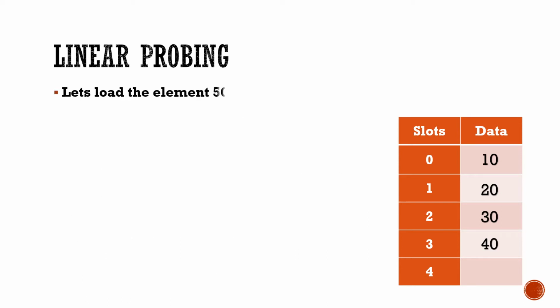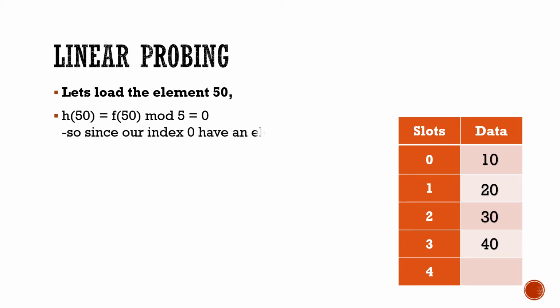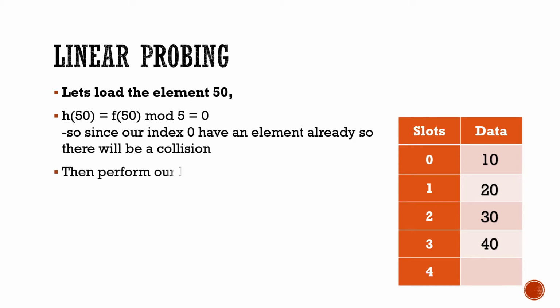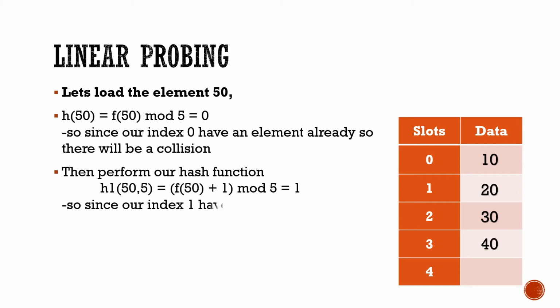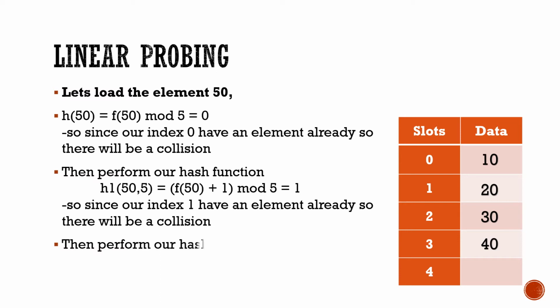Let's load the element 50. h(50) equals f(50) modulo 5 equals 0. Since index 0 has an element already, there will be a collision. h1 equals (f(50) + 1) modulo 5 equals 1. Since index 1 has an element already, there will be a collision. h2 equals (f(50) + 2) modulo 5 equals 2.